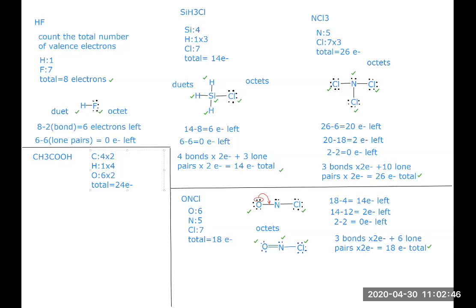So we will have C here, 1 C. And then let's give that C, I'll put one hydrogen here, another hydrogen here, and another on the bottom of that.